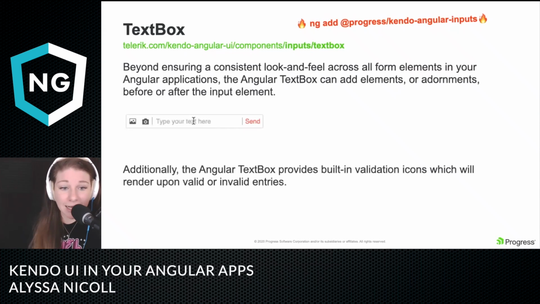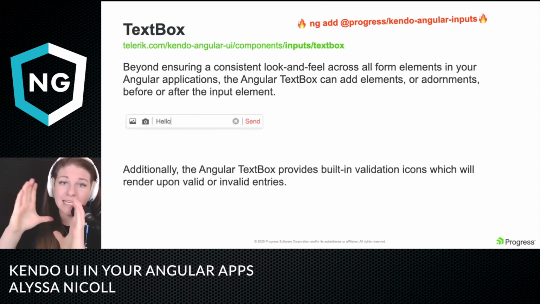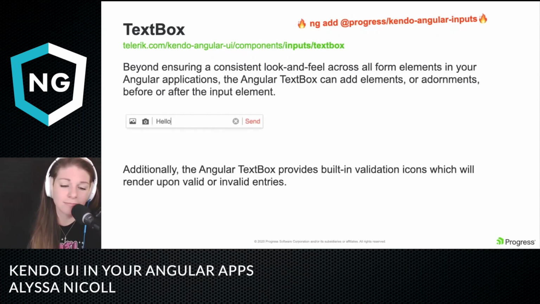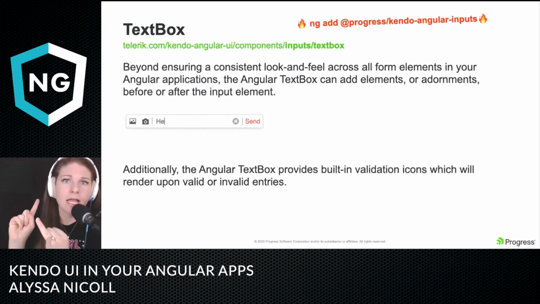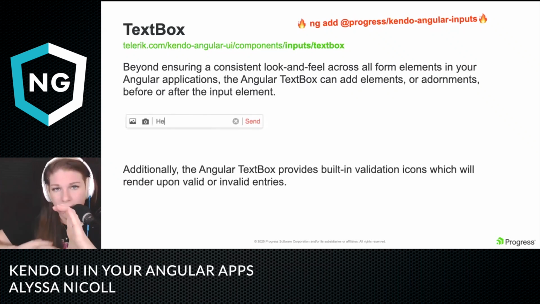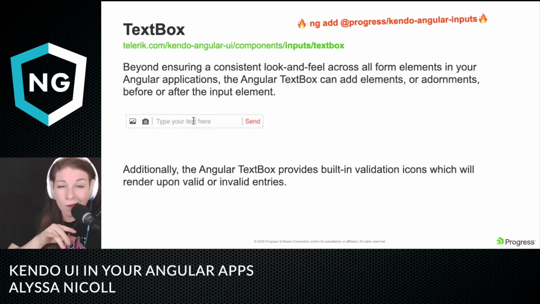But the text box, along with all of those inputs, is packaged nicely underneath kendo-angular-inputs. So yes, it even has things like validation icons, and we'll talk a little bit in my form demo about adding things like errors and hints that belong to your input and appear when something goes wrong.